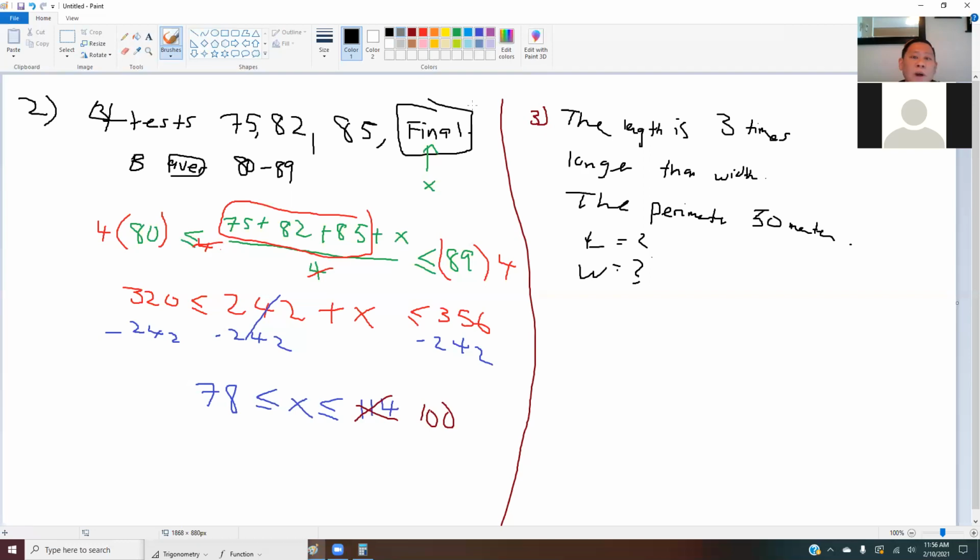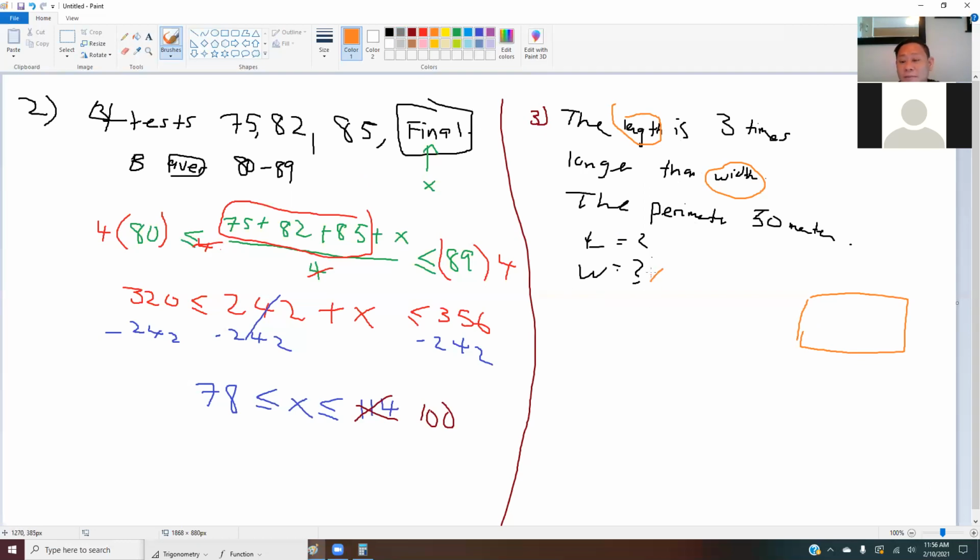So how we do this question is we will draw ourselves a rectangle. Which one is X here, the length or the width? Like last time I taught you, the one that comes last is always X. So which one comes last here? The width.